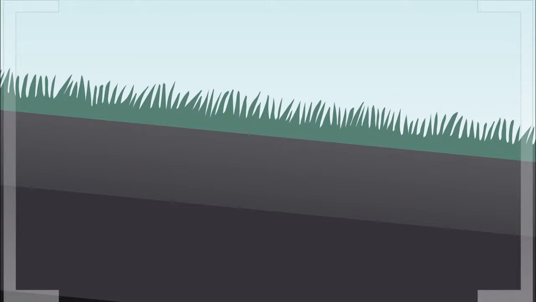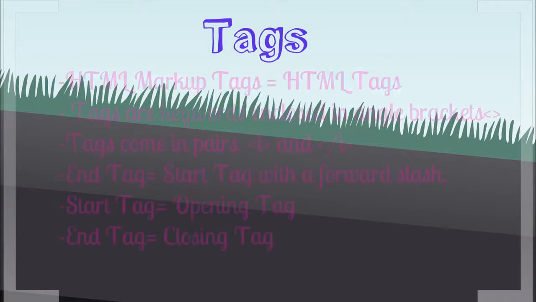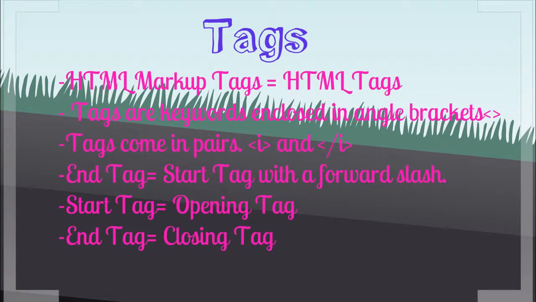So you just heard me mention something about HTML tags. HTML markup tags are usually called, in a shortened version, just HTML tags. HTML tags are keywords or tag names surrounded by angle brackets. For example, tags come in pairs: angle bracket, I, end of angle bracket, and then the pair is the ending tag, which is angle bracket, / I, end of angle bracket.